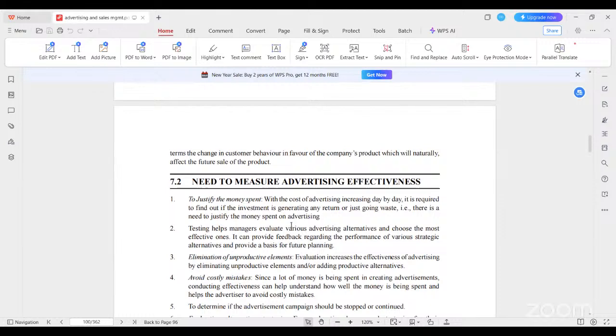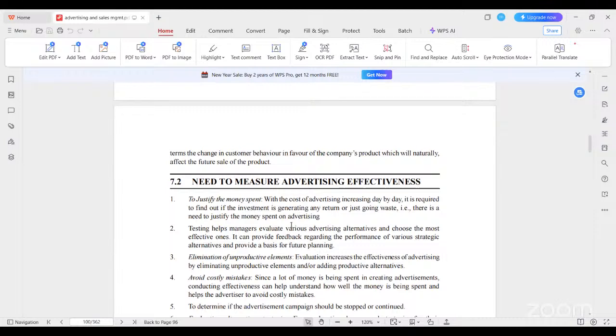Third, the elimination of unproductive elements. Evaluation, not only in advertising but in other areas also, increases effectiveness. It does so by eliminating unproductive elements and adding productive alternatives, because we learn from the mistakes we made in previous advertisements and why they did not yield our assumptions, meaning what we thought and what results we got.